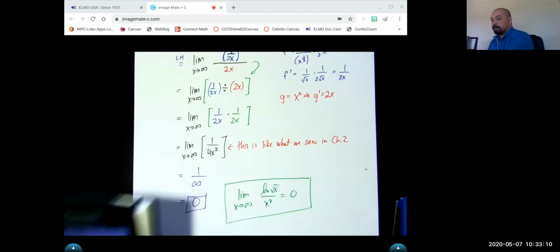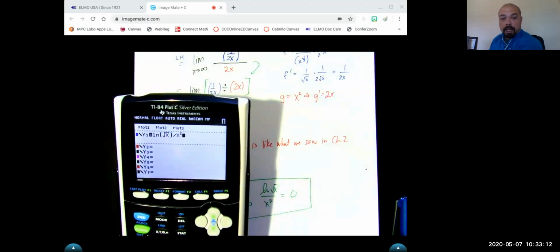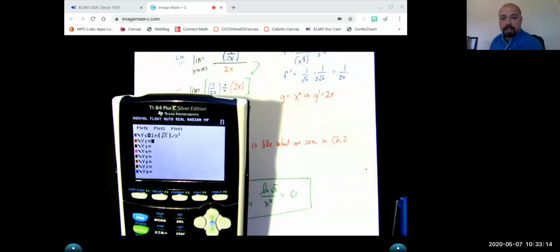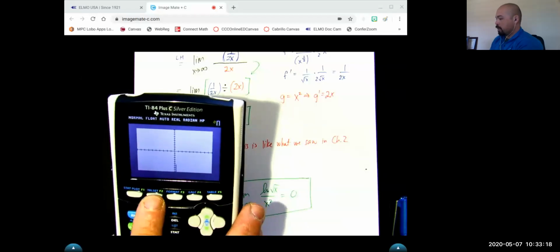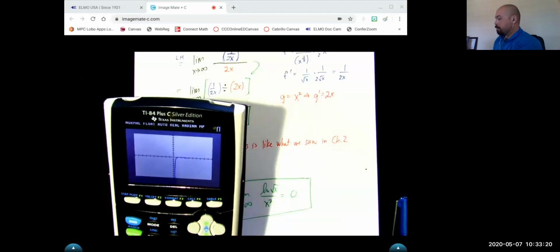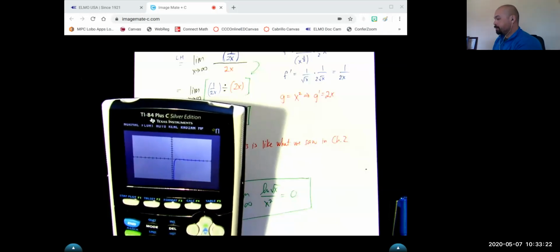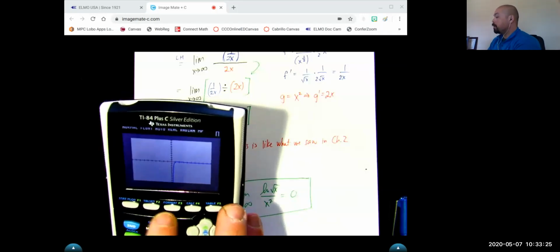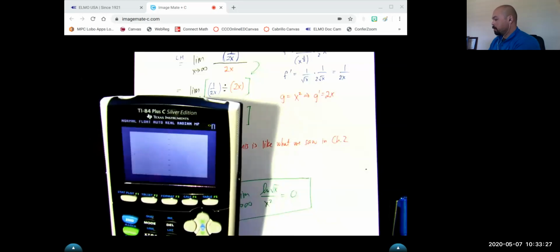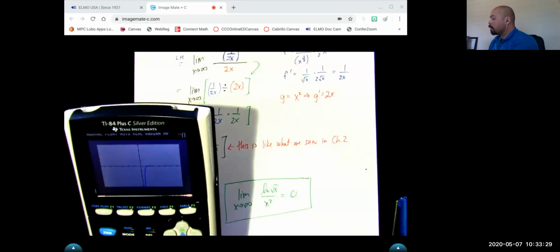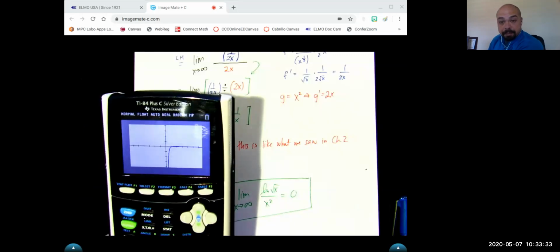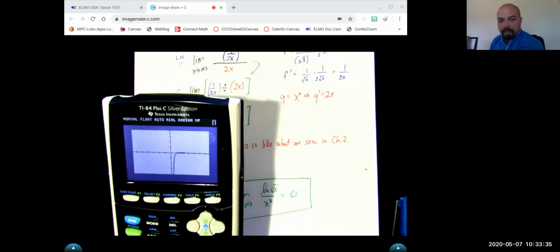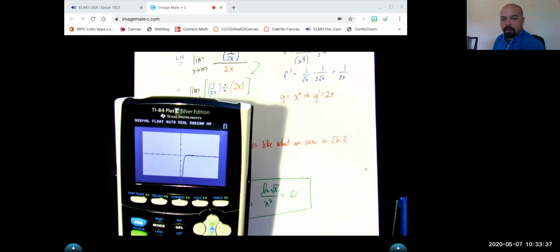Okay, so just very briefly, there's my equation. Let's graph it. I know I'll probably have to change my window, but that'll be all right. It's pretty small there, and even that's not that great. Maybe I can bring in my computer graphing tool.